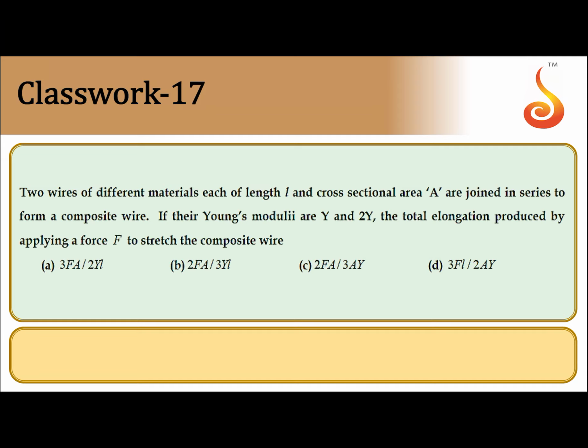17. Two wires of different materials, each of length L and cross-sectional area A, are joined in series to form a composite wire. If their Young's moduli are Y and 2Y, then the total elongation produced by applying a force F to stretch the composite wire is.